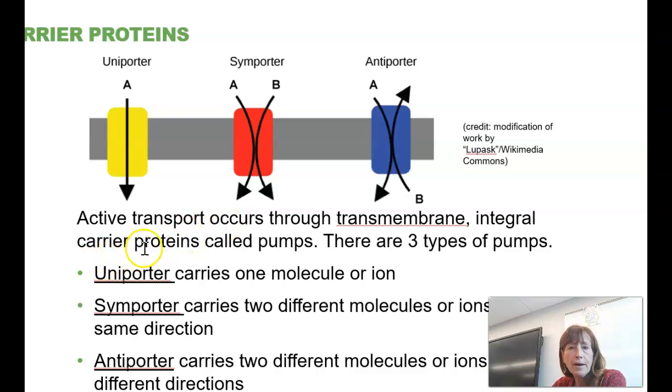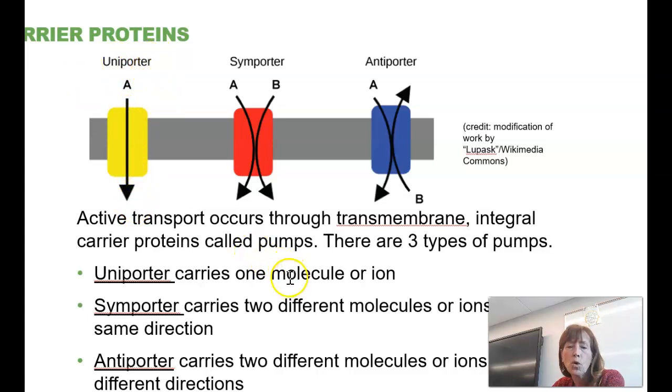Another thing that happens is we have to look not just at the flow of the individual particles, but we also want to see the role of the carrier proteins, the proteins that are in the membrane itself. Some carrier proteins will move something in just one direction, and that's called a uniporter.